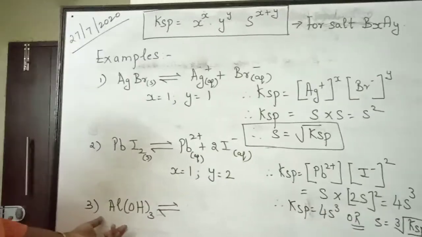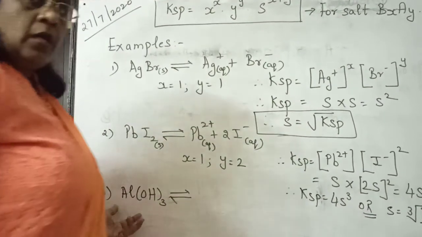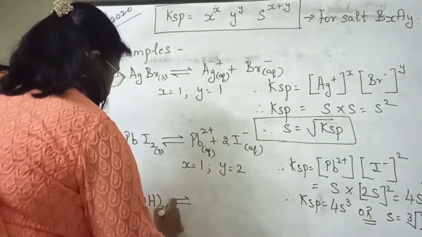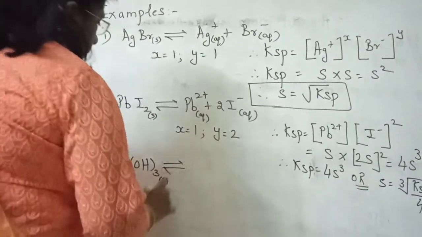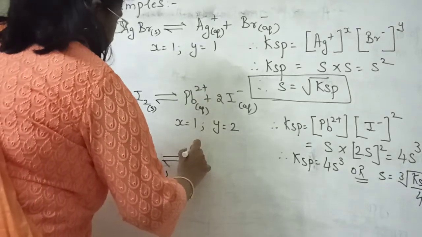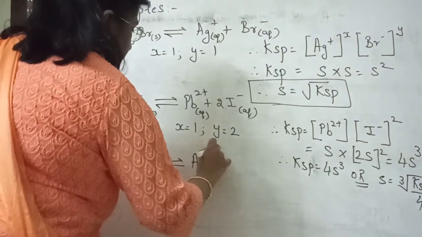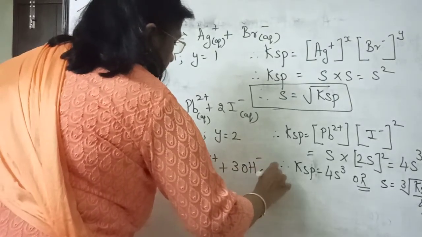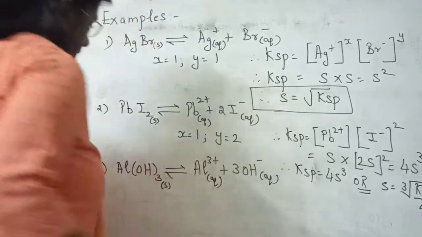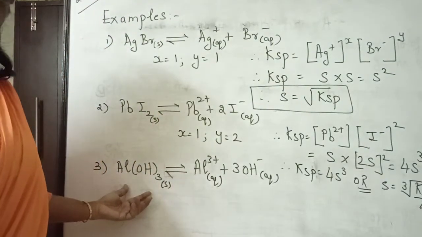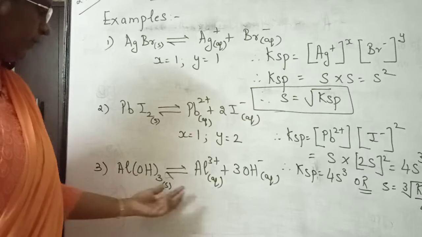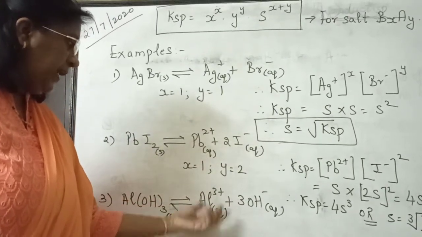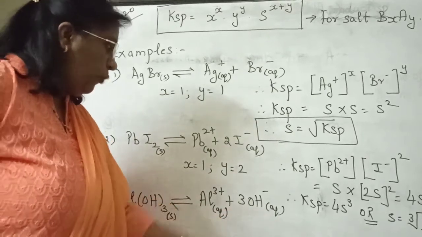You can take another salt, that is aluminium hydroxide, Al(OH)3. Now this will produce equilibrium with its own ions as Al3+ plus 3 OH-.